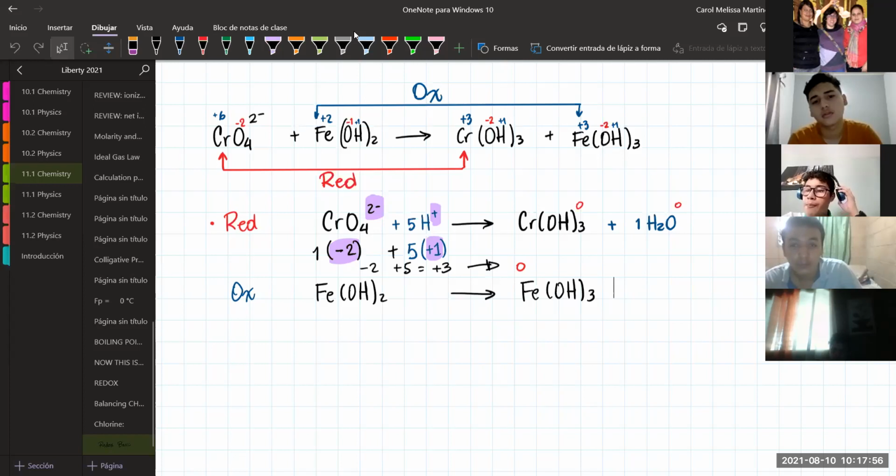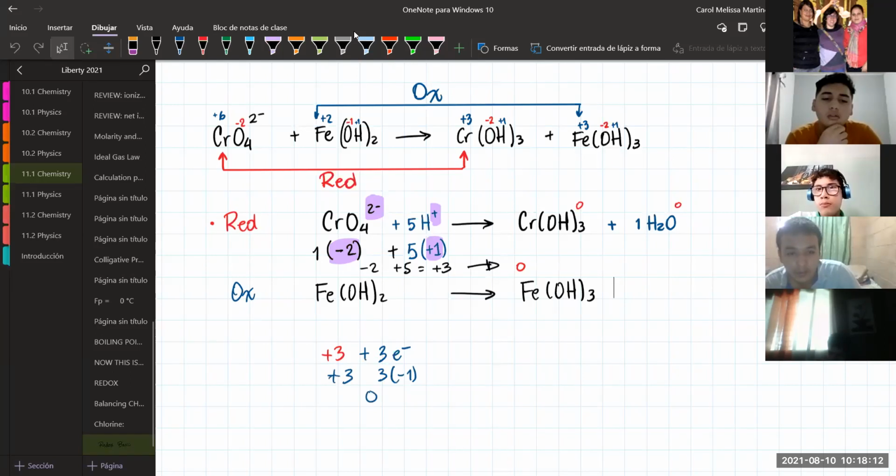Remember that the electron has a negative charge, okay? So, if you have a charge of +3, but you add 3 electrons, each electron is like having a charge of -1. So this is going to balance up to 0. That's why we add the electrons on the side where we have the positive charge.